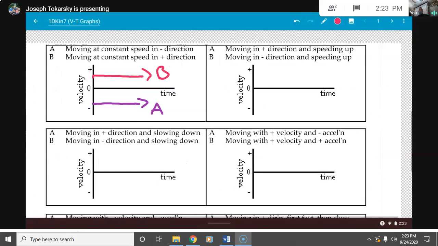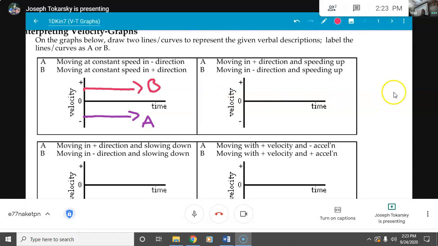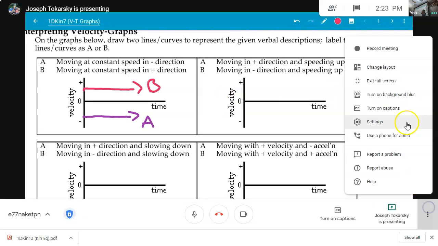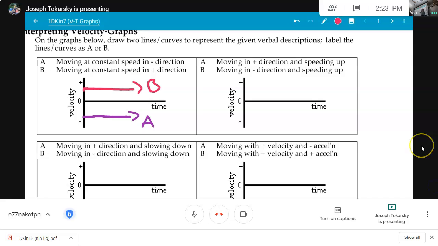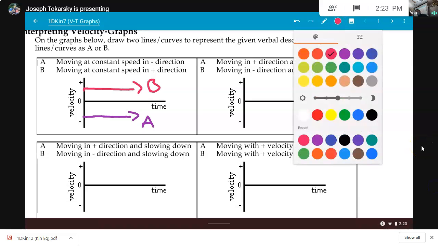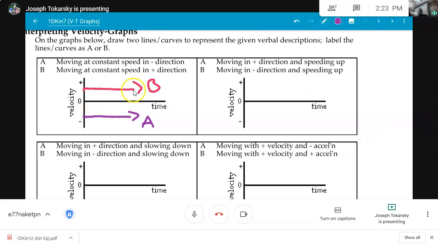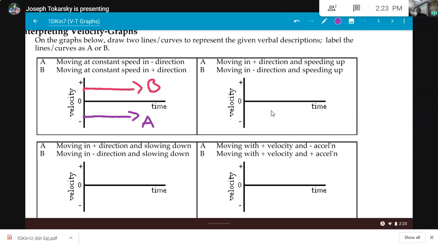All right, so let's go back to this one up here in the top right. Moving in the positive direction and speeding up. All right, so remember, these flat lines represent constant velocity. So these lines have to be sloped somehow. If we're speeding up in the positive direction, how should line A look?